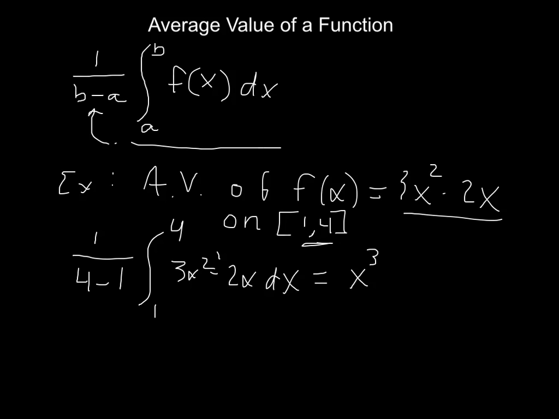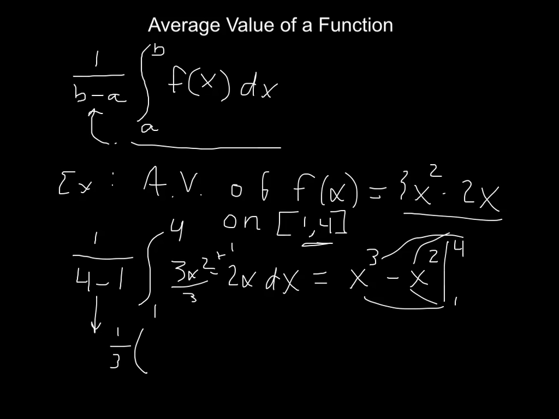We would add 1 to the exponent and then divide by 3, and that will cancel out, minus x squared from 1 to 4. So we have our constant 1/3 times, now let's plug in our b minus our a.